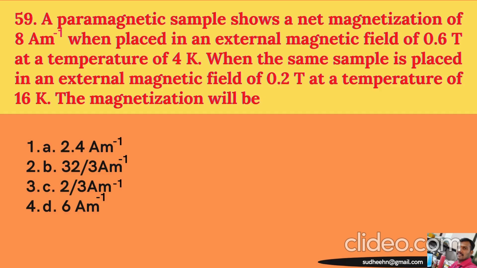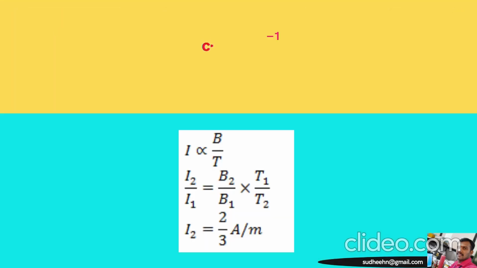When the same sample is placed in an external magnetic field of 0.2 T at a temperature of 16 Kelvin, the magnetization will be: option A, 2.4 amps per meter, option B, 32/3 amps per meter, option C, 2/3 amps per meter, and option D, 6 amps per meter. The right answer is option C, that is 2/3 amps per meter. This can be obtained with the help of the equation I proportional to B/T, and by taking the ratio I2/I1 and simplifying, we get I2 equal to 2/3 amps per meter.